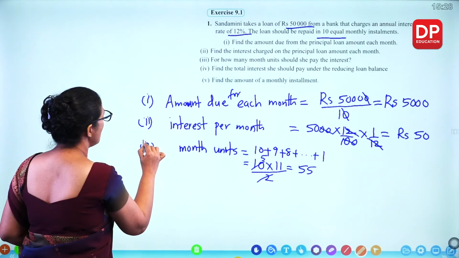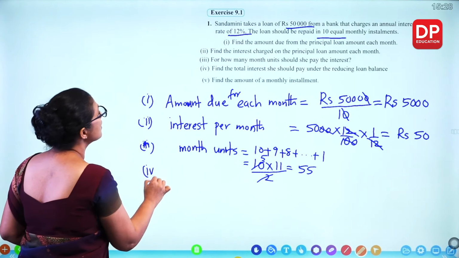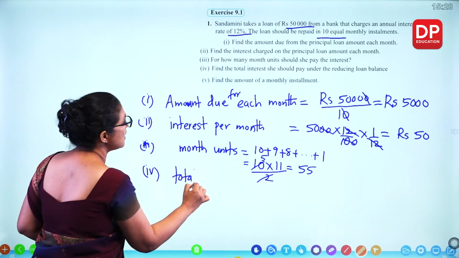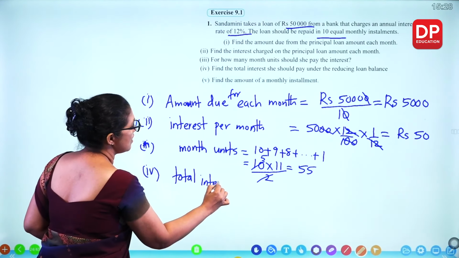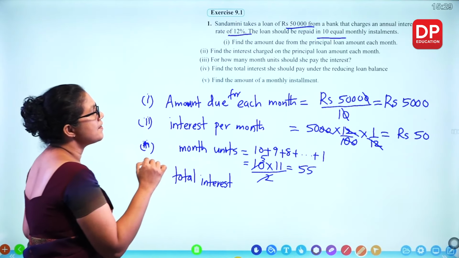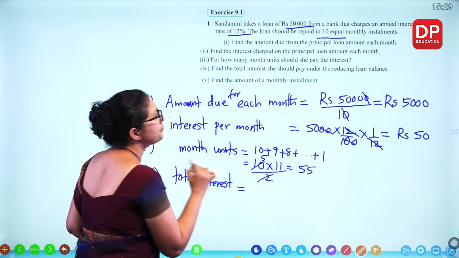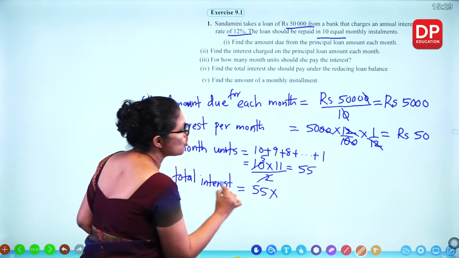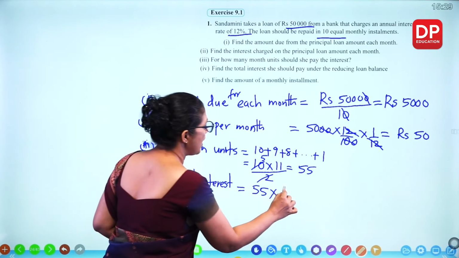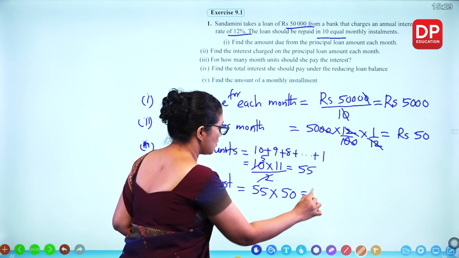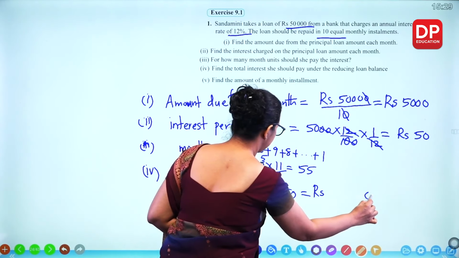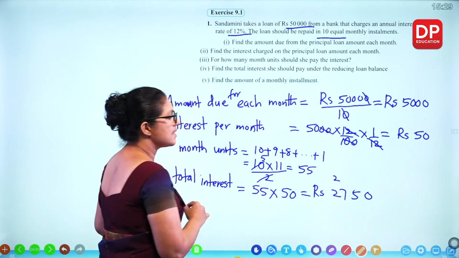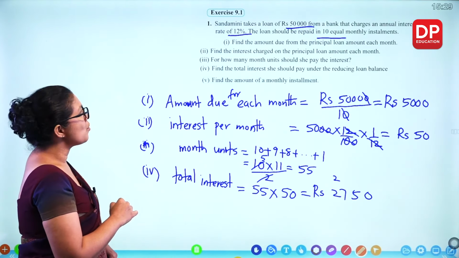So fourth part, find the total interest she should pay under the reducing loan balance. So 55 month units, each month she has to pay 50 rupees. So altogether you get 2,750. That's the total interest.